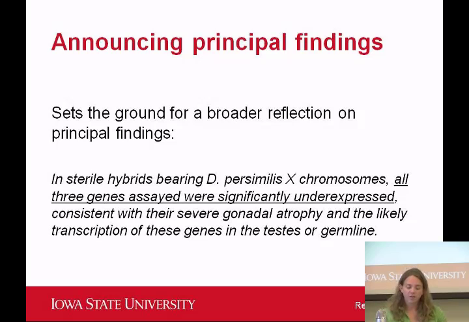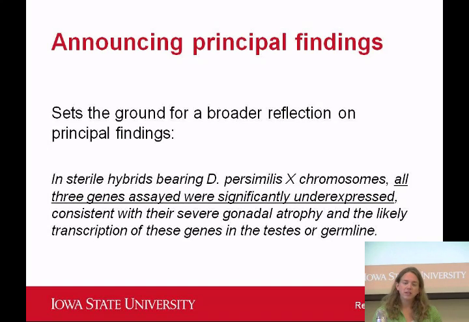Let's look at our third step. This is announcing principal findings. This step functions to really set the ground for reflection on those principal findings. We use this step to highlight the most important findings, to show how your research objectives were achieved, and to show which of your findings really make a contribution to the discipline at large.